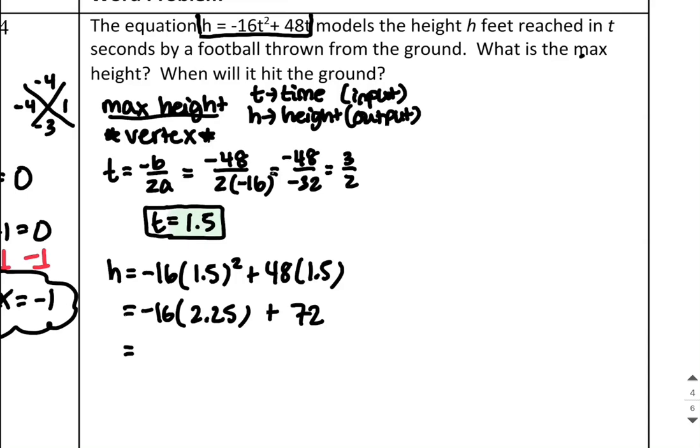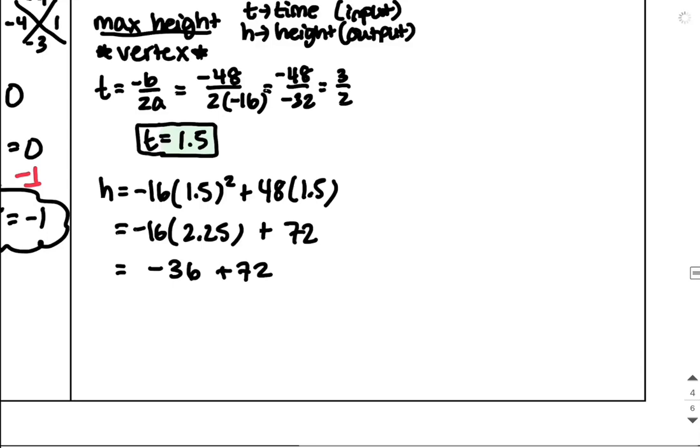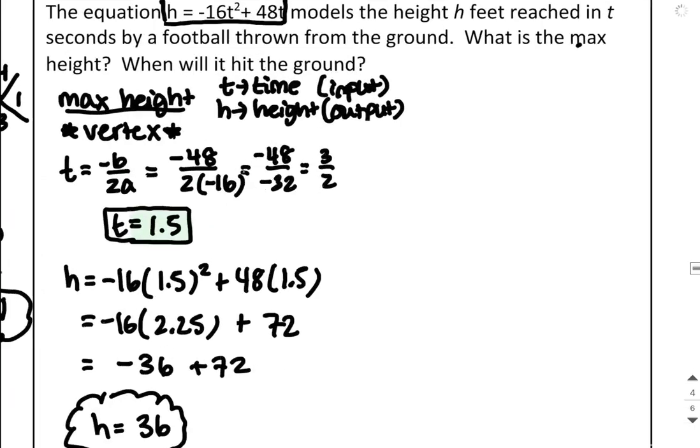I saw a lot of mistakes on your test where you did not do that exponent first. So make sure you're doing exponents first, PEMDAS. I have 2.25 times -16 is -36 plus 72 gives me, my height is going to be 36. So the max height is 36.